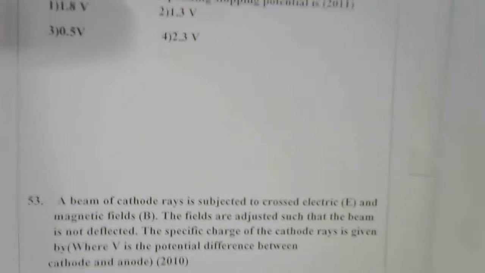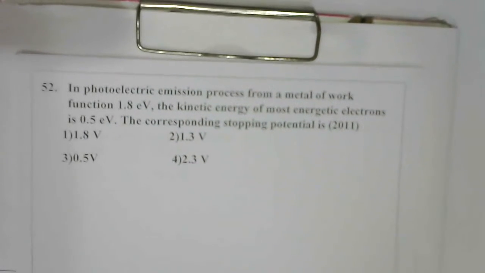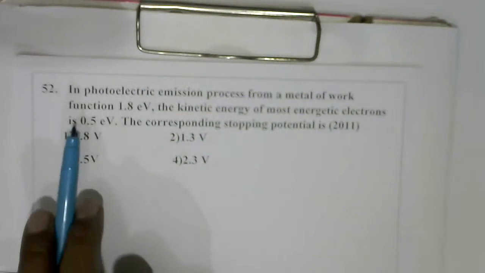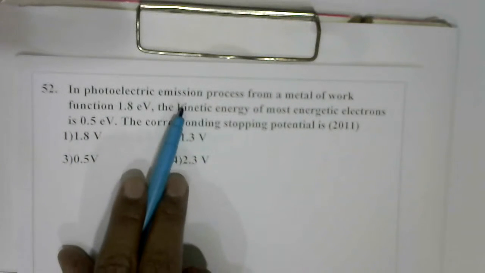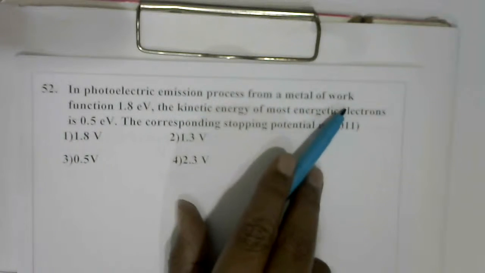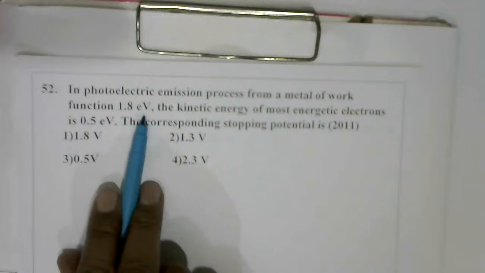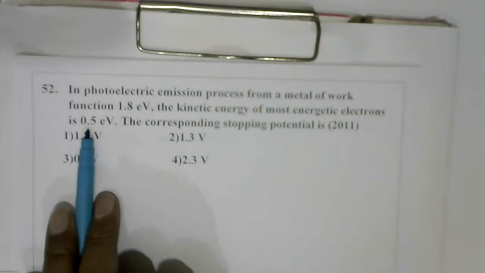Well, the next question. In the photoelectric emission process from a metal of this work function, the kinetic energy of the most energetic electrons is found to be this. Nothing, it is a direct question. You all know it very well.